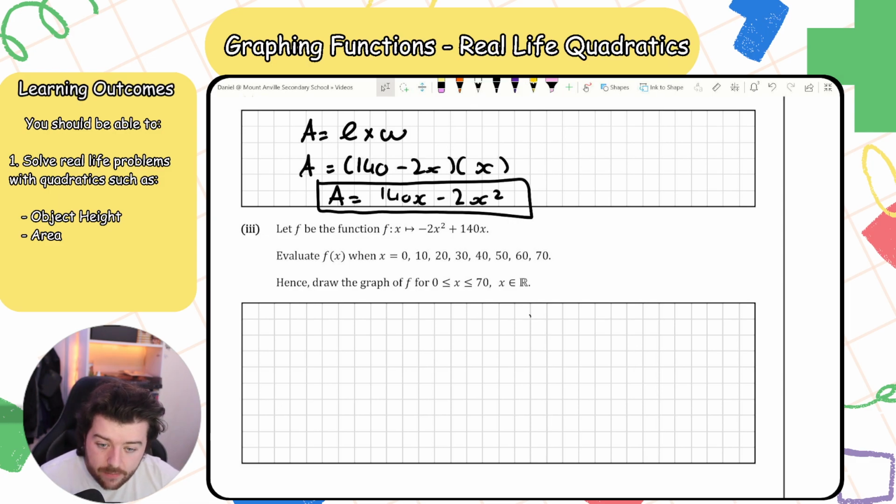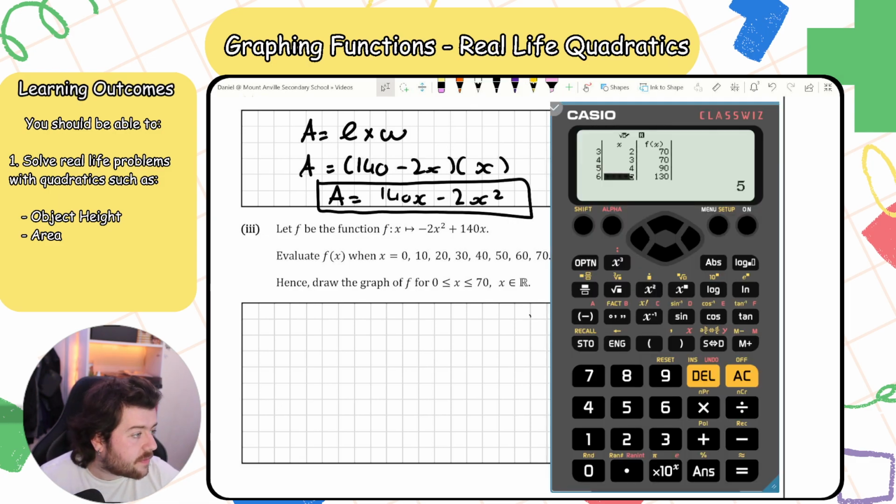So let's get our table of values up and running here. So I have minus 2x squared plus 140x.